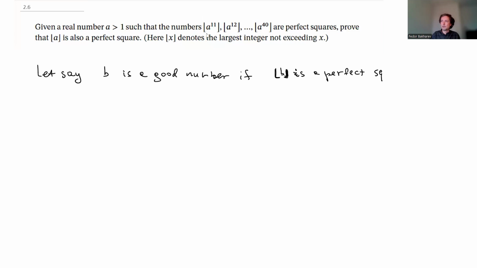So here we have that all these numbers are good numbers, and we would like to understand whether a itself is a good number. And the main lemma I would like to prove is the following: if b square, b cube, and b to the power 4 are good, then b itself is good.